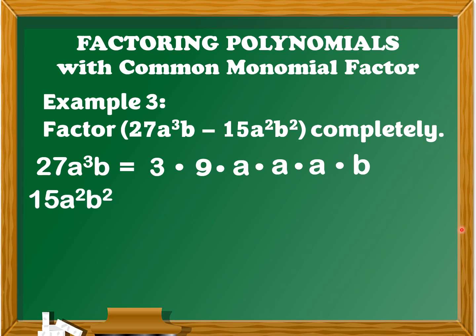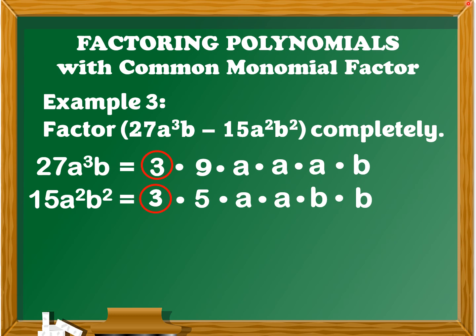Next, we have 15a squared b squared. The factors are 3 and 5. These are the factors of 15, and the factors of a squared are a and a. And for b squared, we have b and b. So these are now the factors of 15a squared b squared. Next, we're going to determine the common factors.